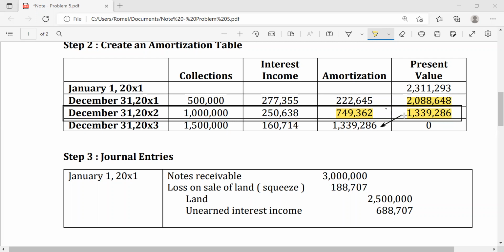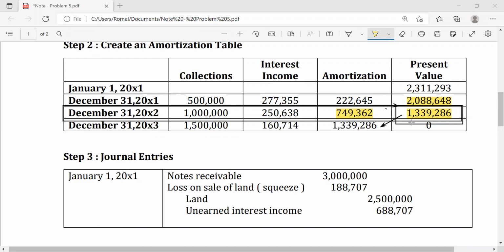Kasi the 1,339,286, it is already collectible next year, which is 20x3. So because of that, kasi itong amount na to, collectible na siya next year. So the whole 1,339,286 will be presented in the current portion.